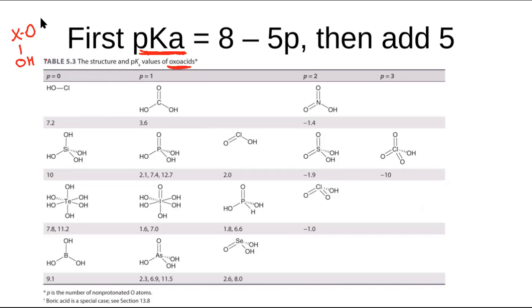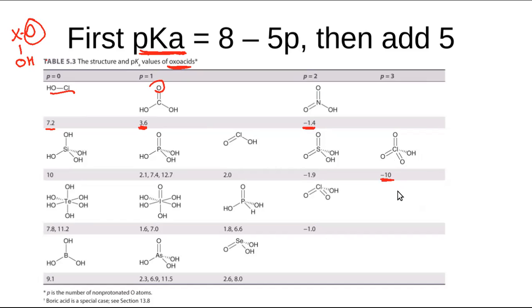If P is the number of oxo groups, then here is no oxo group. Then we have a weak acid. If we have one oxo group, then it's a slightly stronger acid. 2 oxo groups is quite a strong acid. This is very strong. 3 oxo groups, do we have that here? Perchloric acid, very, very strong.